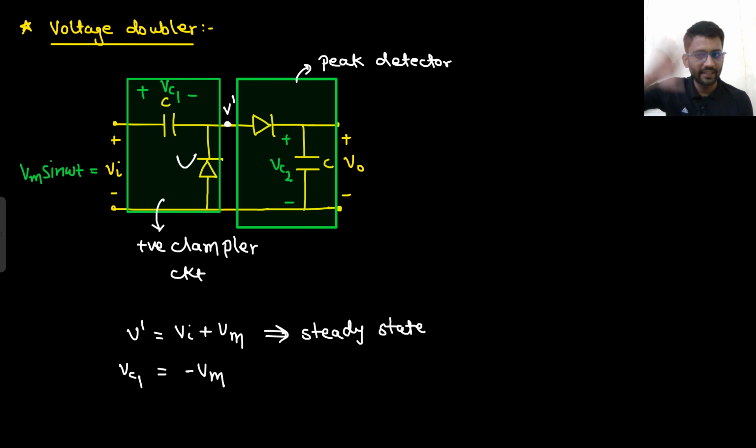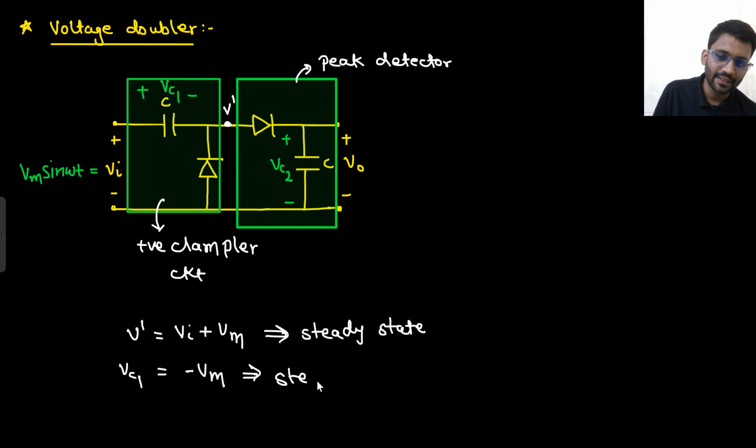If this diode is on, the capacitor will charge in this direction, also by the direction of the diode. VC1 we are taking from left to right, but the capacitor is getting charged from right to left. So your VC1 would be minus Vm, but at steady state. Everything is happening at steady state.